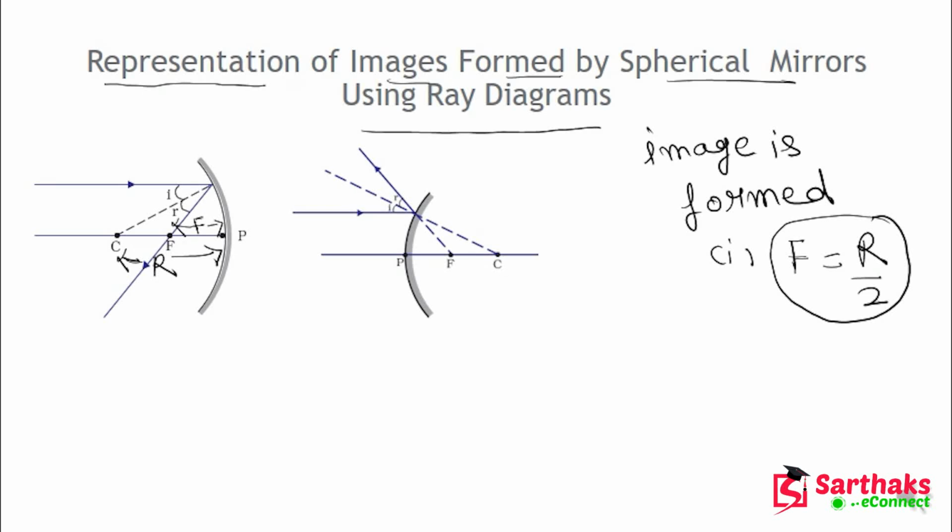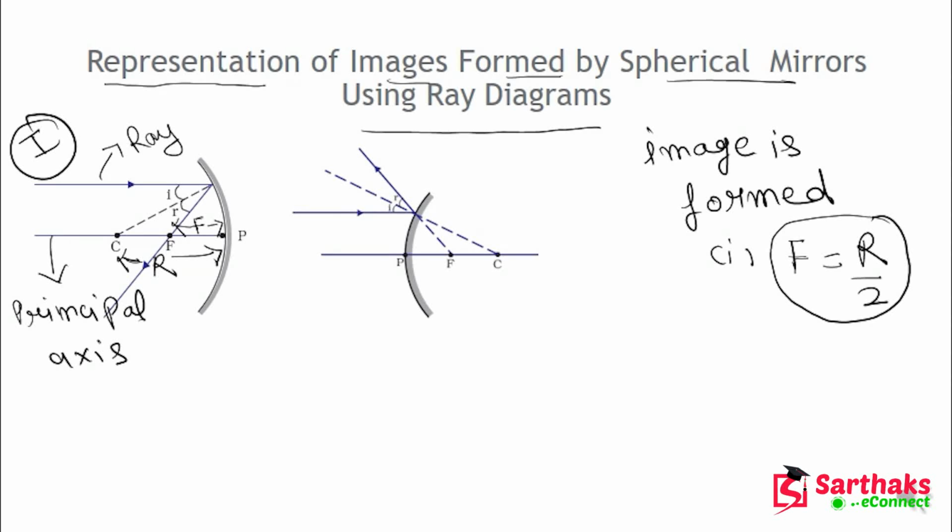Now guys, we will be studying the ray diagrams, because to understand image formation you need a clear understanding of ray diagrams. This is our first diagram. Here the ray is coming parallel to the principal axis.